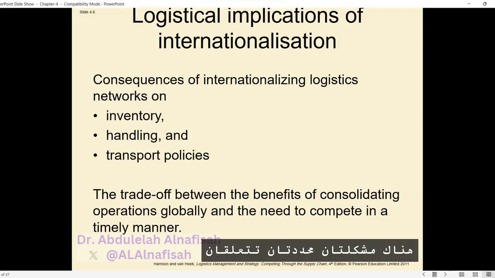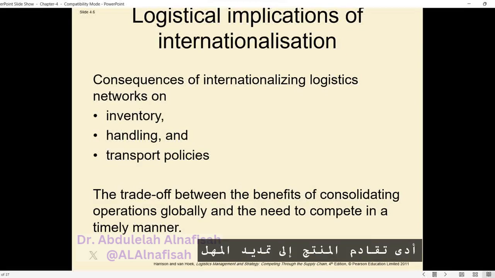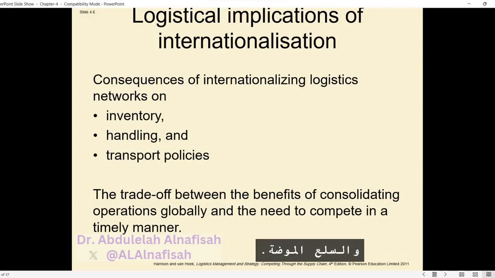There are two specific issues related to time to market: product obsolescence and inventory holding costs. Product obsolescence. Extended lead times in international logistics pipelines increase the risk of products becoming obsolete during transit, particularly for industries with rapid technological development and fashion goods.